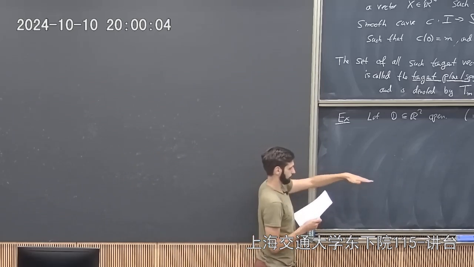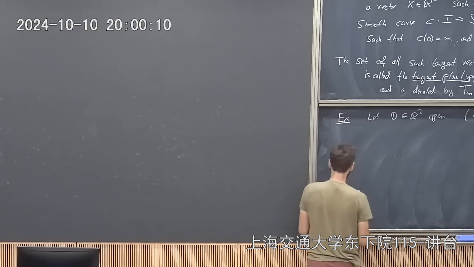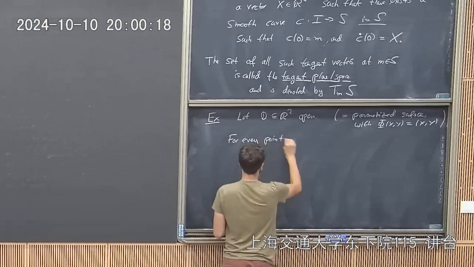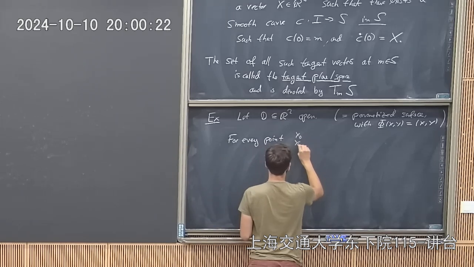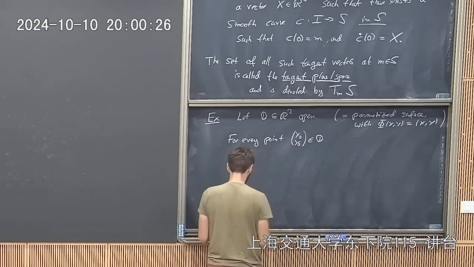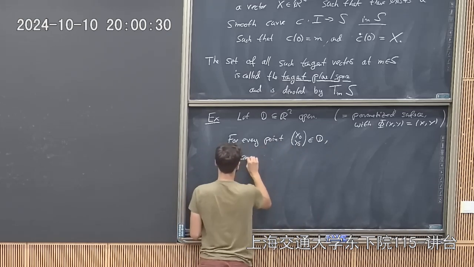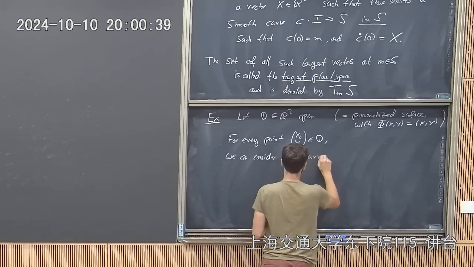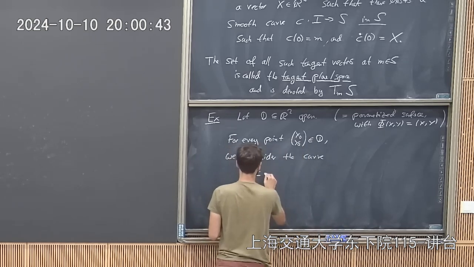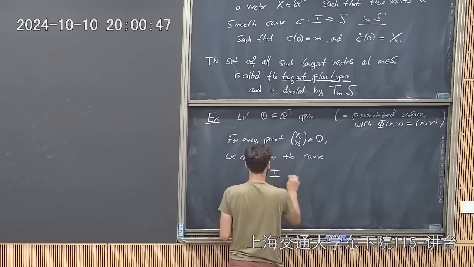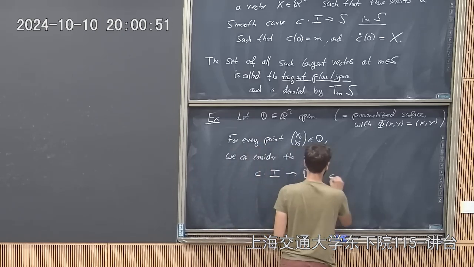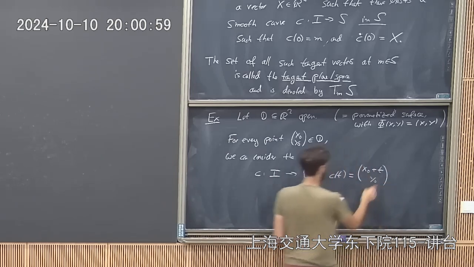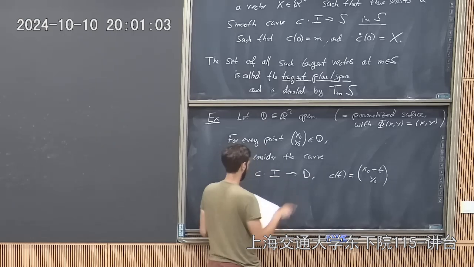And there would be these vector fields which are going in this one direction. So for every point which is sitting in D, we can consider a curve that starts at x0, y, and then goes in the x direction.